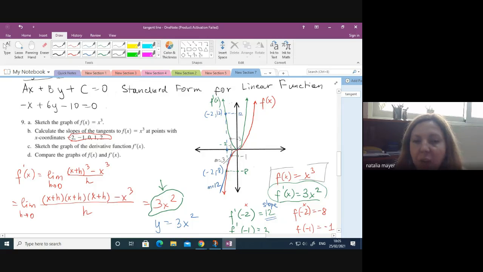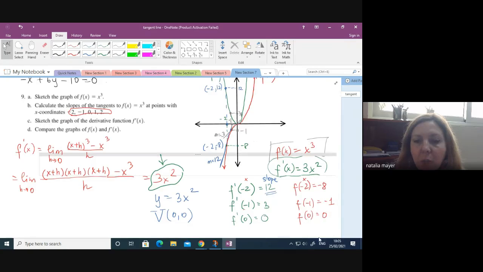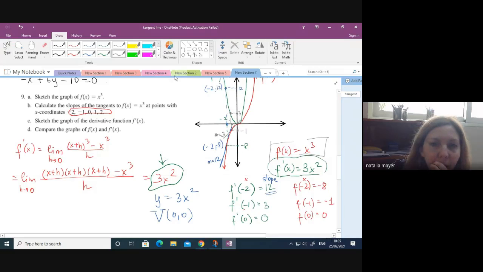Okay? And finally, last step, 0. If I am looking at x equals 0 here, let me take blue. If I take the x value 0, what is going to be the output, Omar?